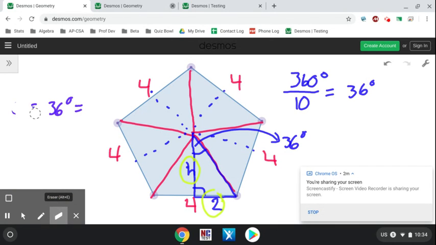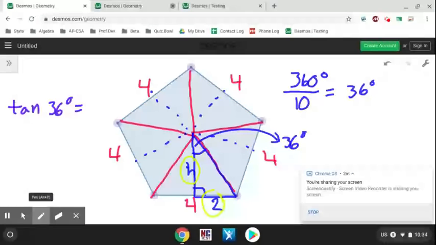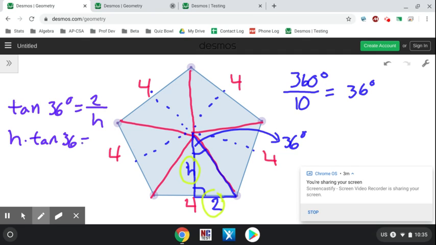I apologize. It looks like what I actually have is an opposite and an adjacent, which means I need a tangent. I hope some of y'all caught me before I even caught myself on that. Tangent of 36 degrees equals 2 over h. So now to solve for h, I need to multiply both sides by h. So I have h times the tangent of 36 is equal to 2. And to finish getting h by itself, I'm going to divide by tangent of 36.